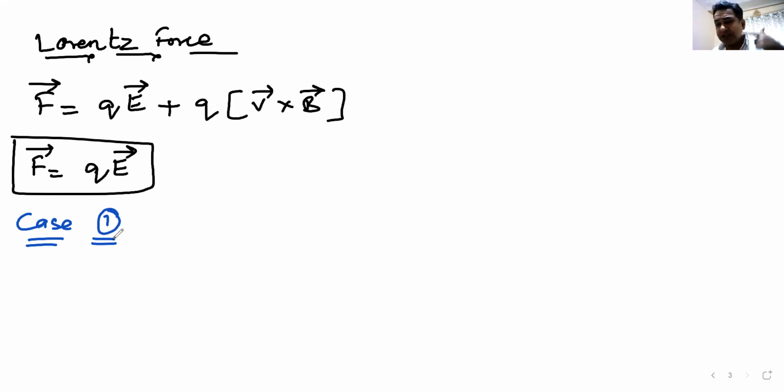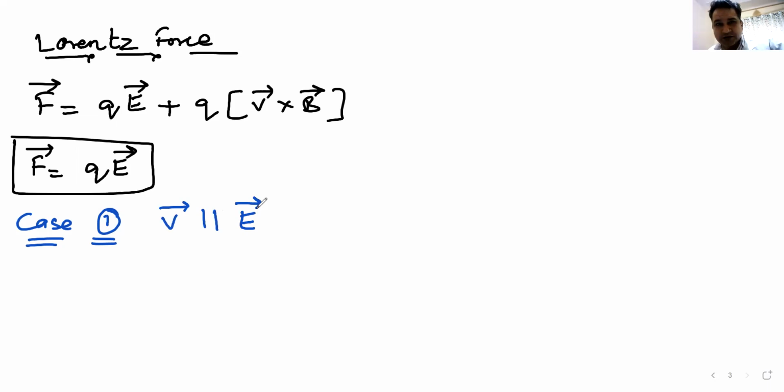When I say it can change the velocity, it can change the magnitude of velocity as well as the direction of velocity. Case number one: the original velocity v is parallel to E. What type of motion will the particle have?